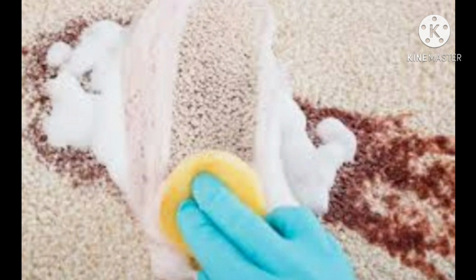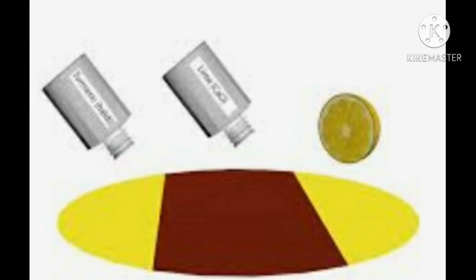Again, if we rub the brownish red stain with a freshly cut lemon, the stain regains its yellow color. Lemon juice contains acidic substance in it called citric acid. Acid always neutralizes a base. Citric acid from lemon therefore neutralizes the effect of sodium hydroxide.